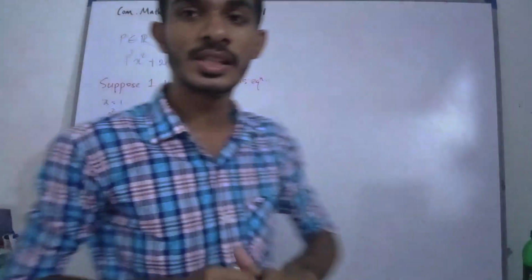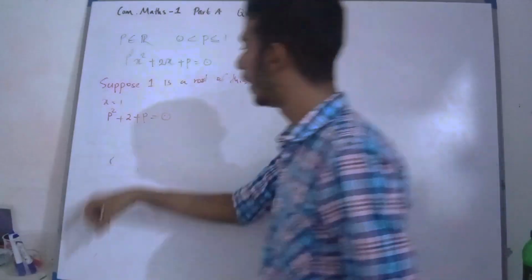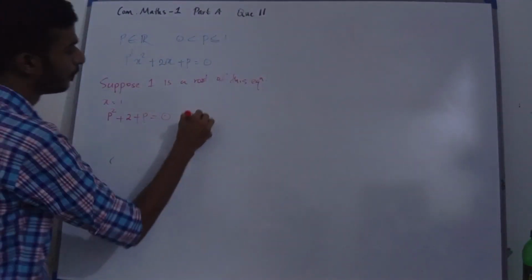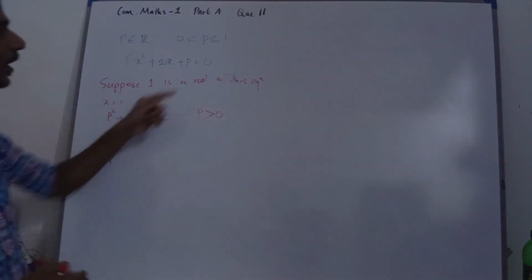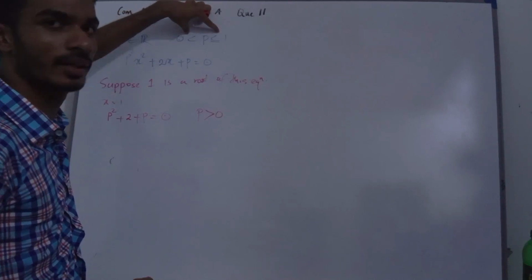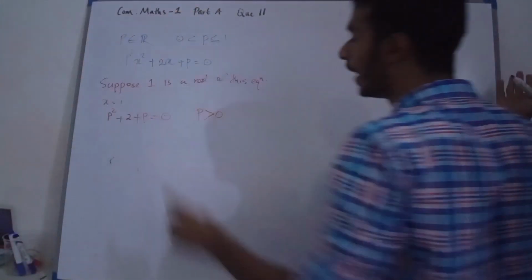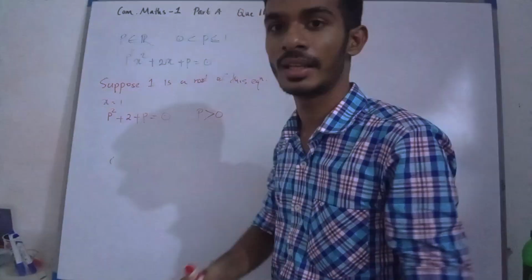If 1 is the root of this equation, this will hold. But we already know p is greater than 0, and p lies in this region. It cannot exceed 1, but it can be equal to 1. But p is not equal to 0, p is greater than 0.